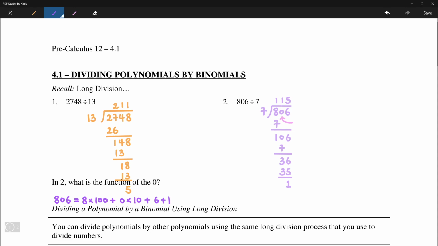Right, so the 0 in 806 means there are 0 tens. Okay, this will be important when we look at dividing polynomials by binomials.